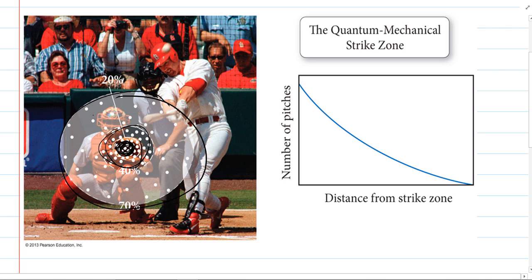So there's going to be a whole bunch of them concentrated here in the center. So this would be described as a probability plot. In areas where you see it more densely shaded, it's more probable of finding an electron. Areas where it is less densely shaded would be areas where it is less probable of finding an electron, or in the case of this, finding where that baseball is going to wind up.